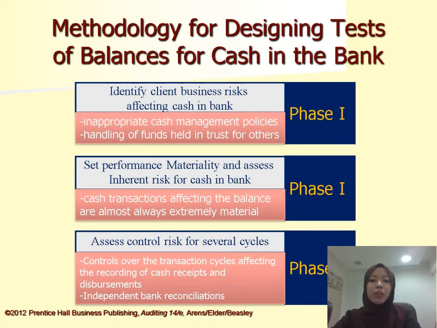Second one is to set performance materiality and assess inherent risk. The cash balance is not material on many audits, but cash transactions affecting the balance are almost always extremely material. Therefore, the potential often exists for material misstatement of cash. Because cash is more susceptible to theft than other assets, there is high inherent risk for the existence, completeness, and accuracy objective.